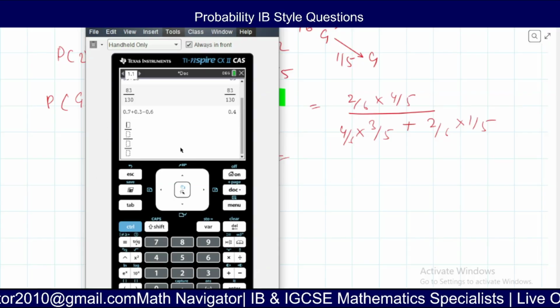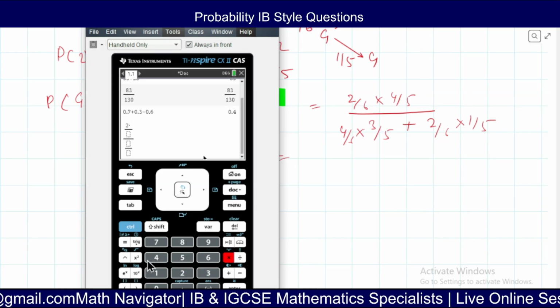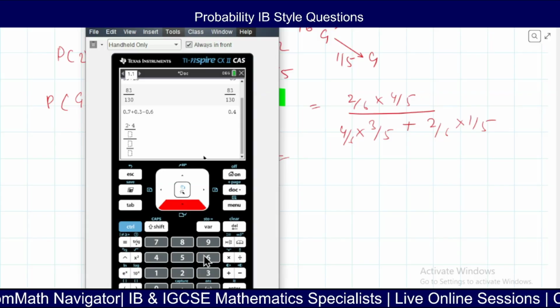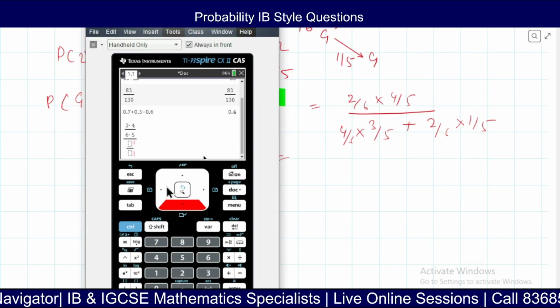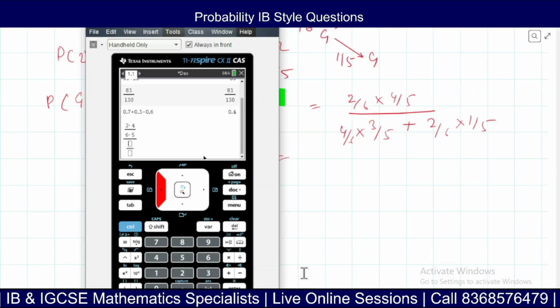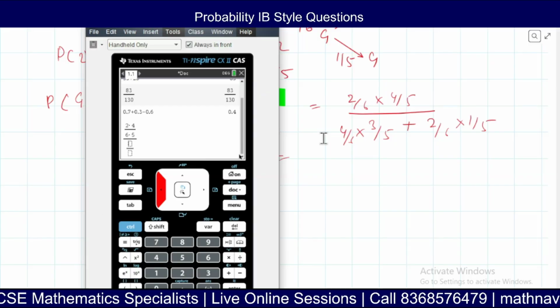Now I'll put the values: 2 times 4 divided by 6 times 5. Then again, this will be a little longer, okay, no problem.